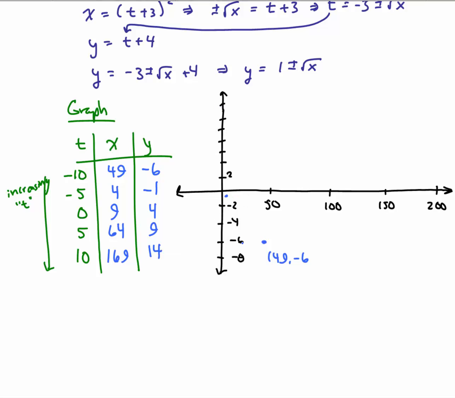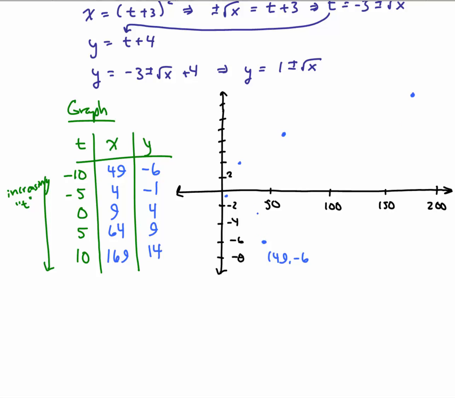Then we have 9, 4, which is somewhere right here. And then 64, 9. So here's 64, 9. And then 169, 14, which would be right about here.